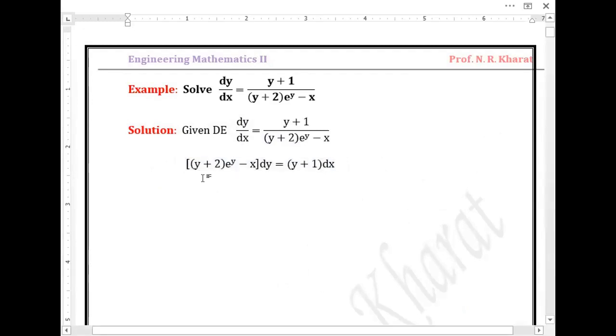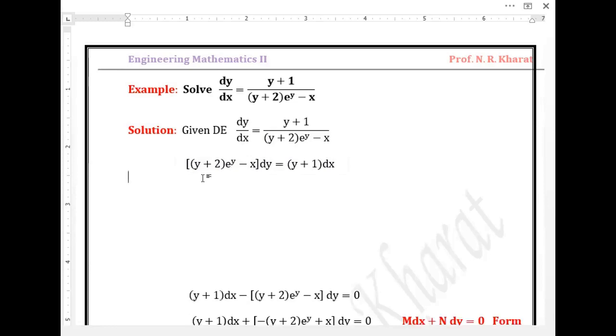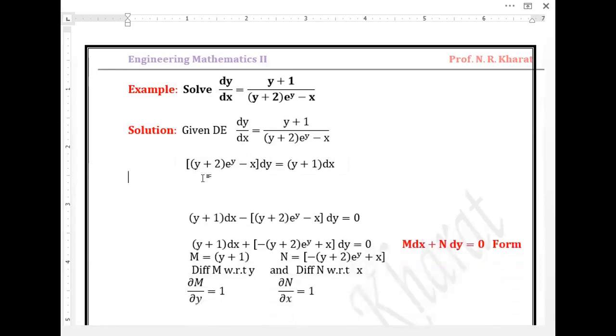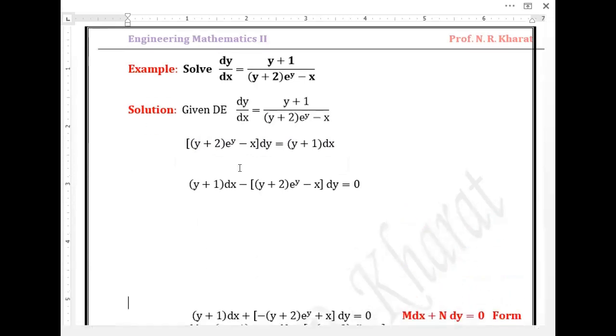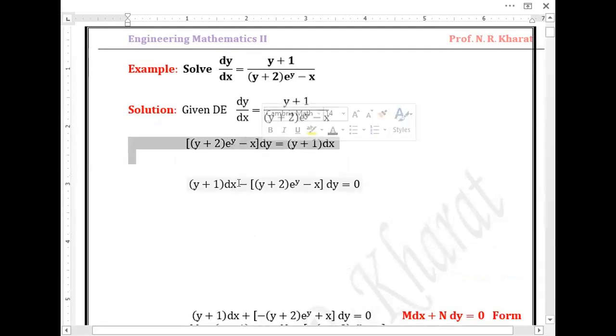After that, we have to convert this differential equation into M dx plus N dy form. For that, we shift the left hand terms to the right hand side, or vice versa, depending on how we make the separation. We shift these particular terms to the right hand side, and it becomes negative.